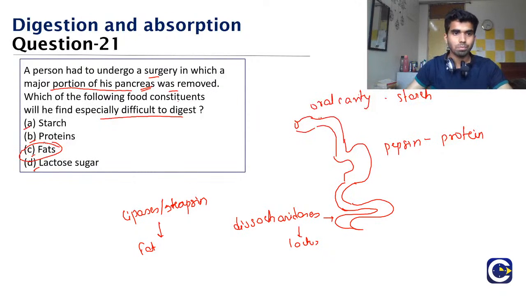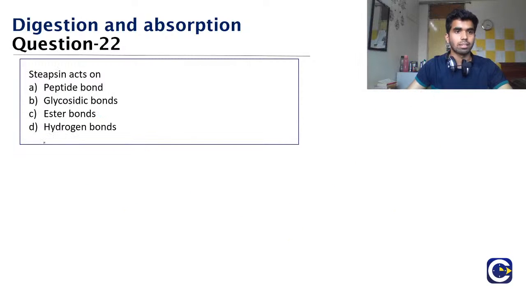Okay guys, it is C, fats. Now coming to question number 22. Trypsin acts upon option A, peptide bond, option B, glycosidic bonds, option C, ester bonds, and option D, the hydrogen bonds.